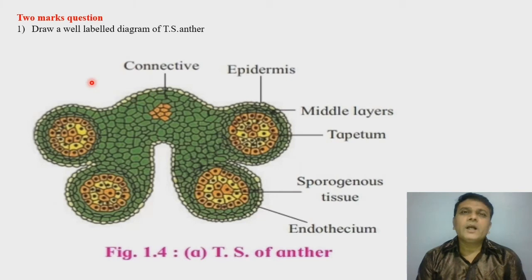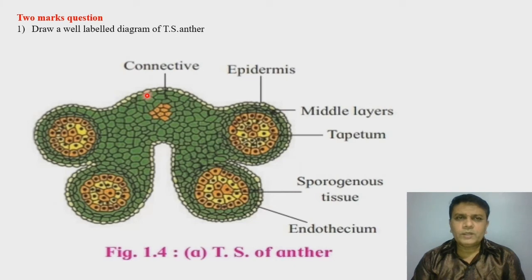That means half mark is given to each correct label. So you will have to label the diagram with 4 correct labels so that you get 2 marks.